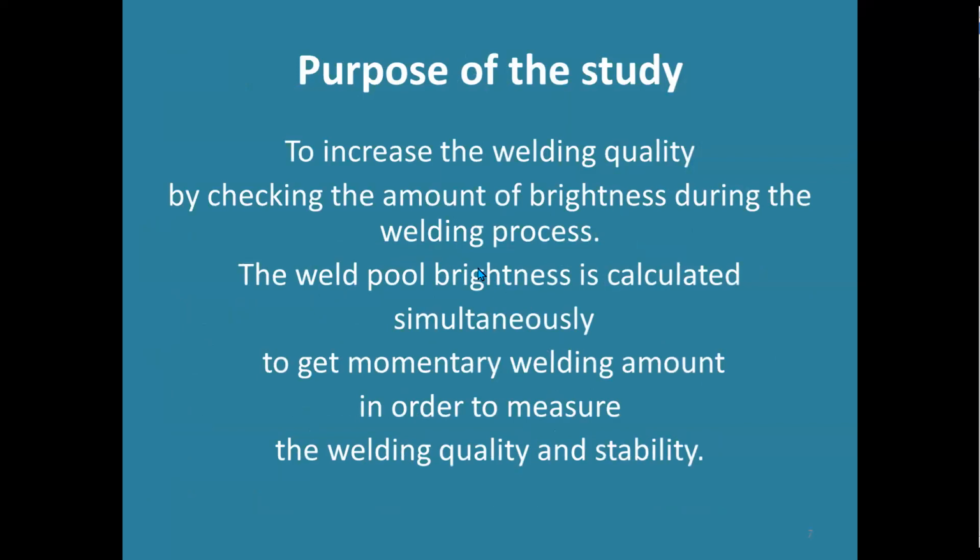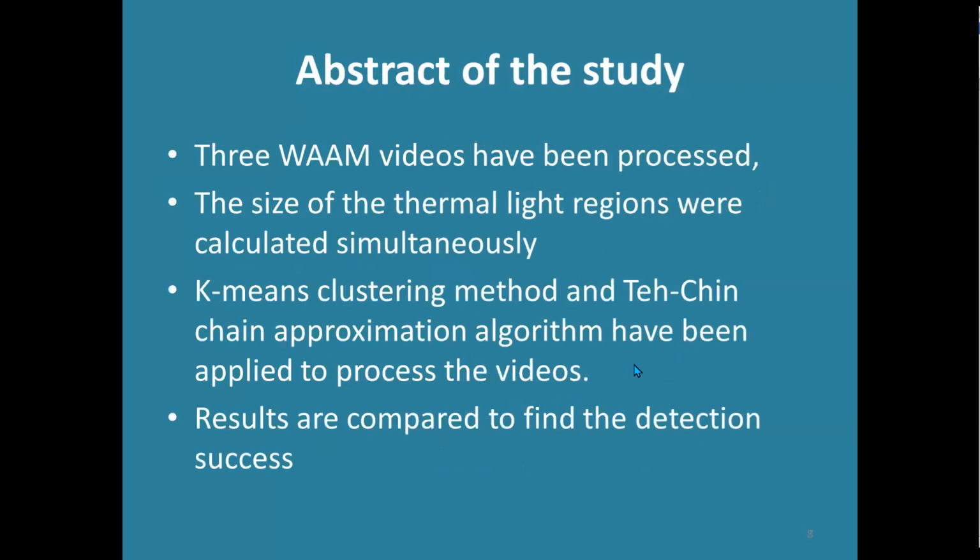The purpose of our study is basically to increase the welding quality by checking the amount of brightness during the welding process. The weld pool brightness is calculated simultaneously to get the momentary welding amount in order to measure the welding quality and stability. Briefly, what we did is we processed 3 different welding videos.